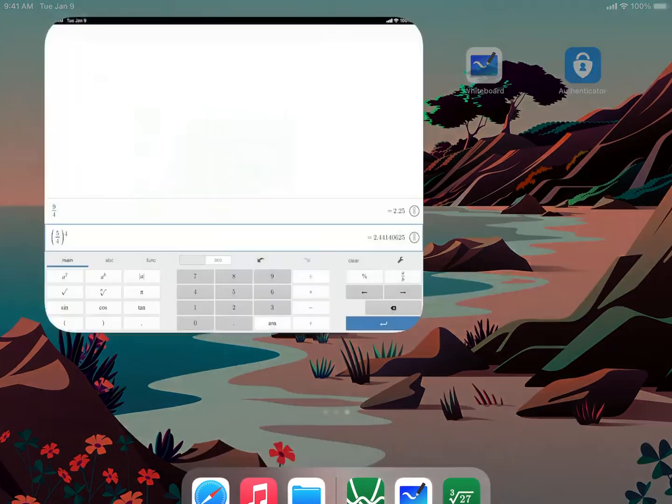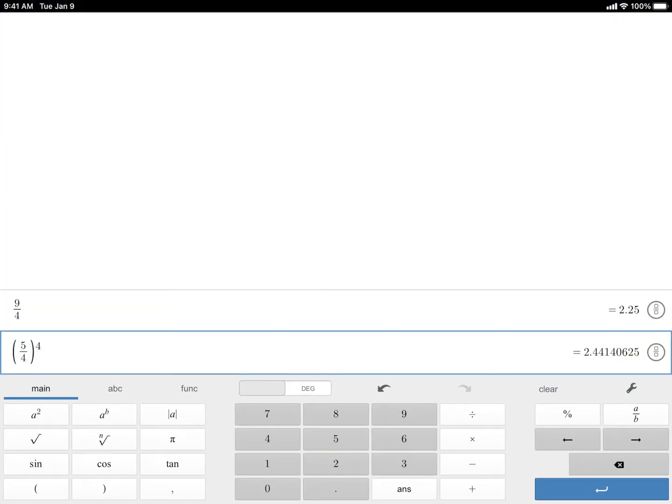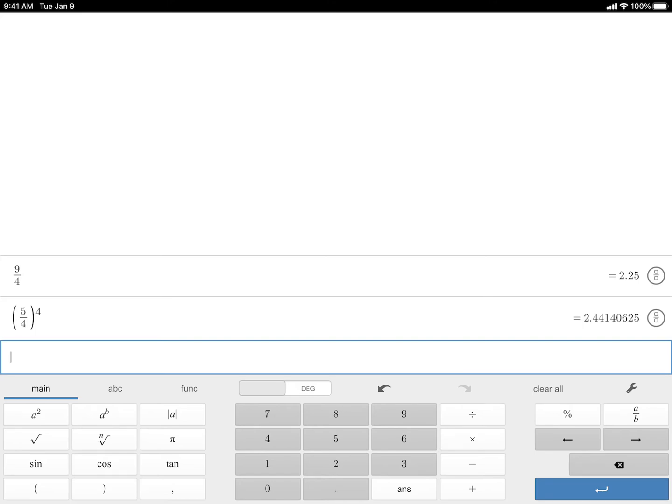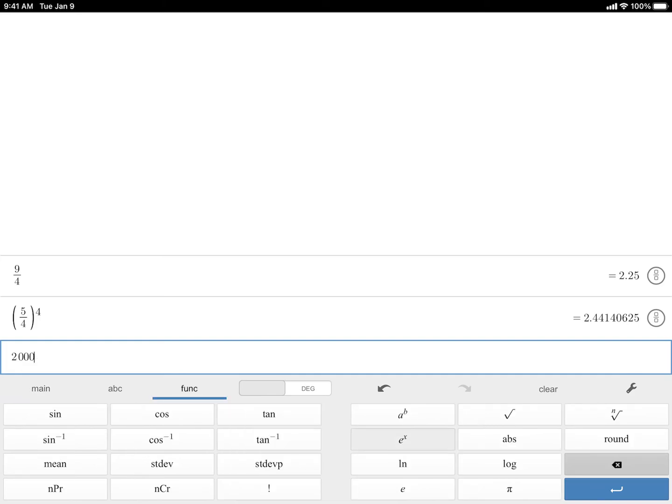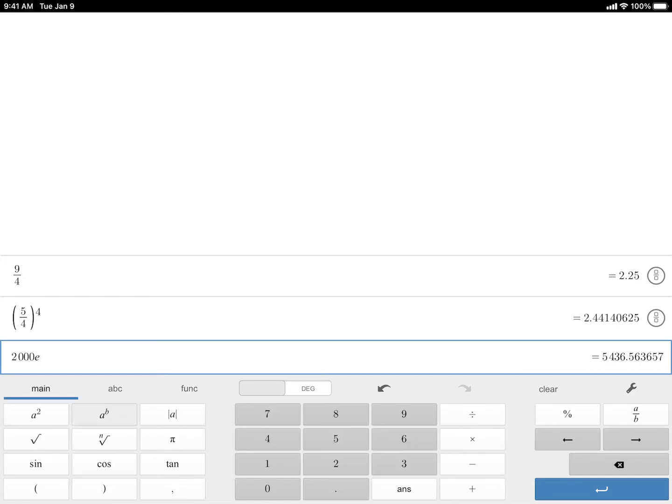So I'm going to pull up Desmos. So I'm going to type in 2,000 times, I'm going to type it in my calculator. And again, you can go to function and you can use this e to the x button, right? Or you can just type in the lowercase e and then go back and use the a to the b button if you feel more comfortable with that.